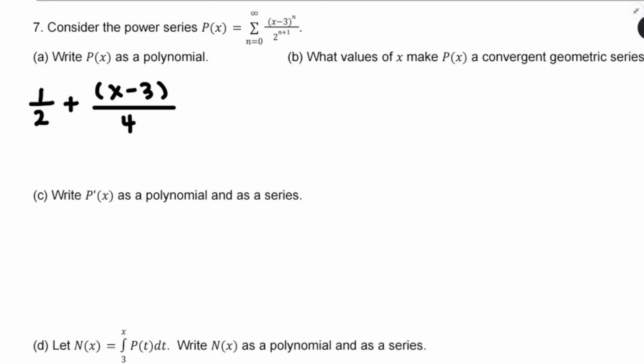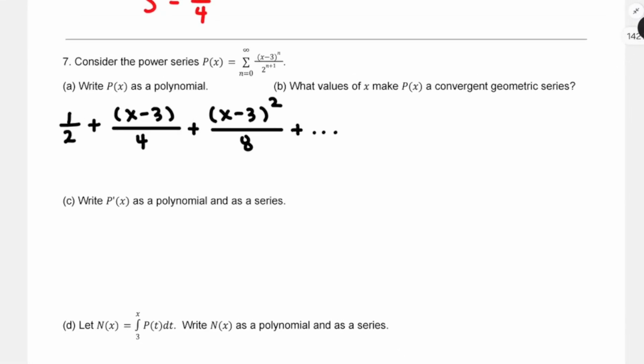And so that 2 to the n plus 1, that feels exponential. It is. And so each time we're multiplying by 2 in the denominator. Each time in the numerator, we're going to be multiplying by x minus 3. So plus x minus 3 squared over 8 plus dot, dot, dot. I think that's enough.